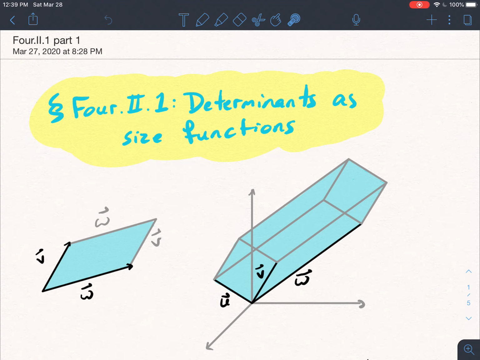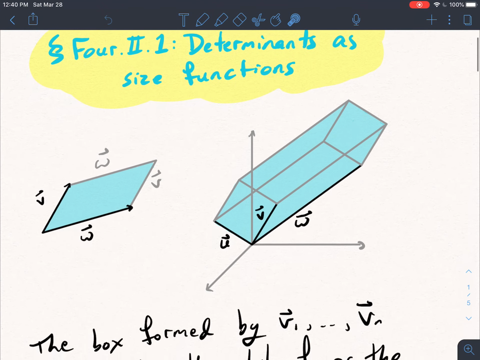So if you're in R3, maybe you have three vectors, u, v, and w. You could take a bunch of parallel copies of u, v, and w, and you could form a box this way. So the question is, is there an easy way to figure out the area or volume of these objects?